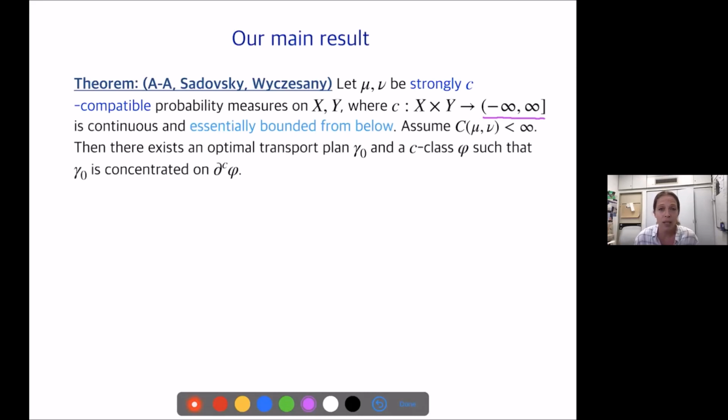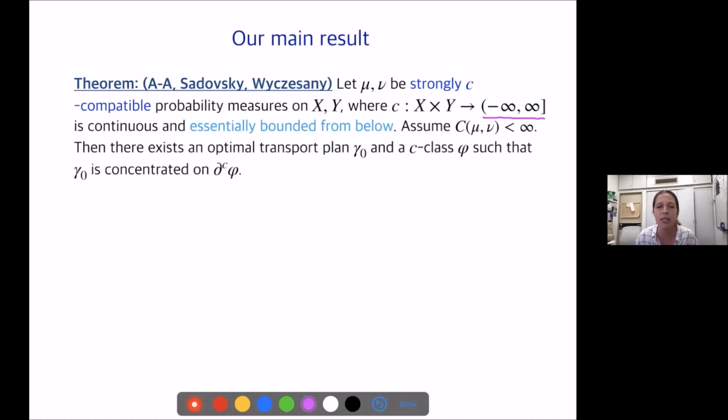And our main result says that whenever mu and nu satisfy some condition, which I call strongly c-compatible, and I will explain it in a moment, and whenever you have a cost which is allowed to attain infinite values, I do assume it is continuous. You can relax this also, but I do assume it. And some condition which I don't want to elaborate on, which is some boundedness of the cost from below.